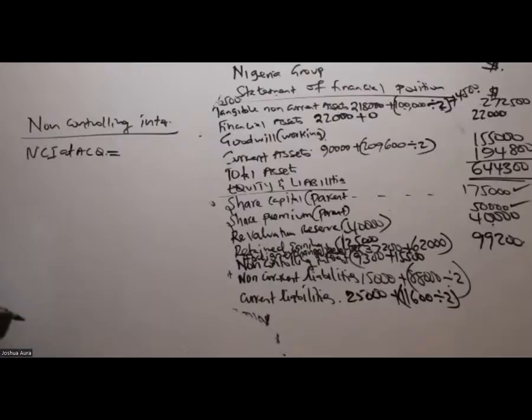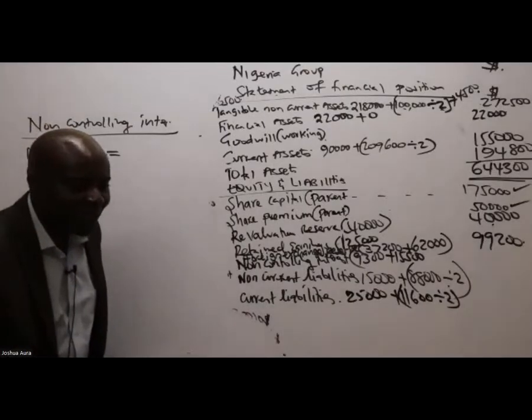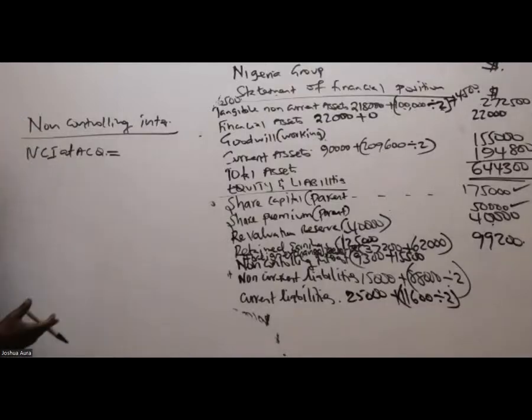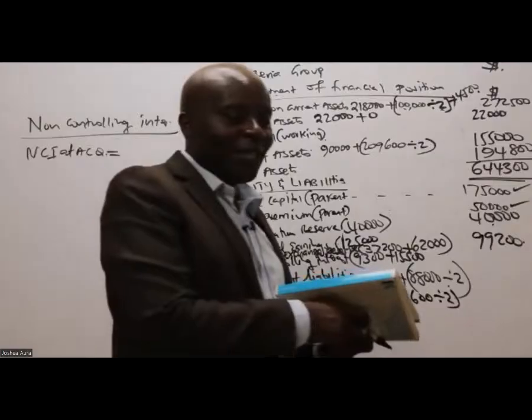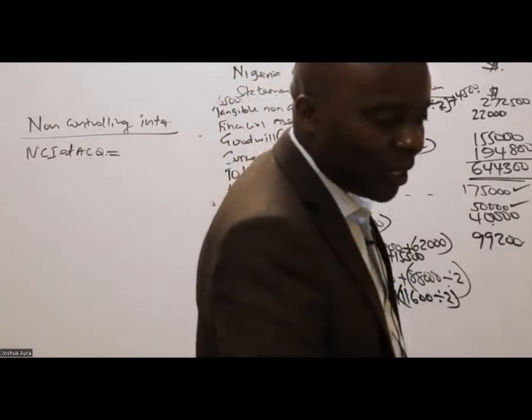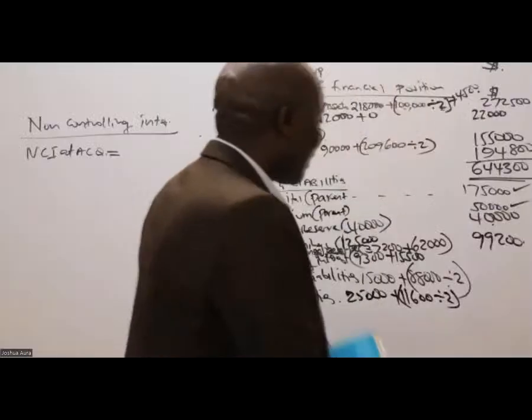Tell me, how much was it? Yes, I'll come back to it, no problem. Thank you for that. Let's finish this one first. NCI at acquisition, how much was it? NCI at acquisition is this one here. I like this very much. It was 30,000, fair value at acquisition 30,000. Isn't it true? NCI at acquisition 30,000.